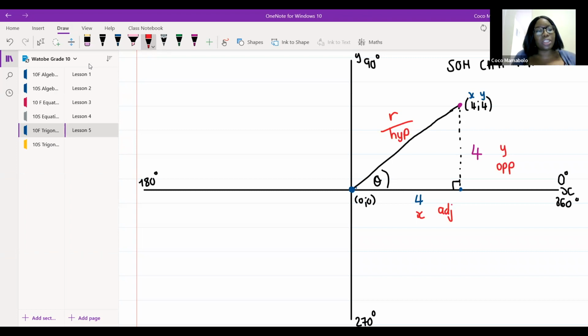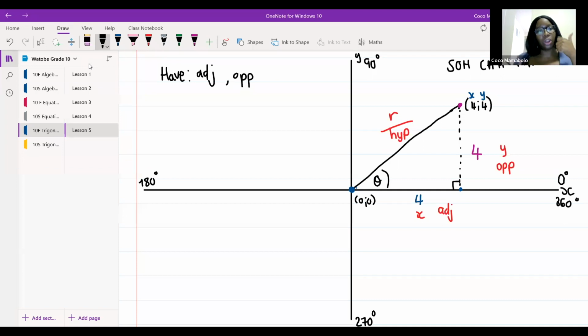If I wanted to calculate for my angle theta, what do I have, guys? I do not have my hypotenuse. I don't know what my hypotenuse is. Which two sides do I have? Good. I've got my adjacent side and my opposite side. Which formula or which ratio am I going to use?